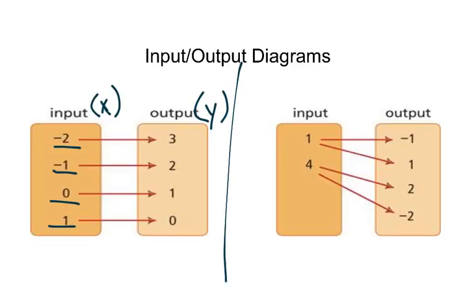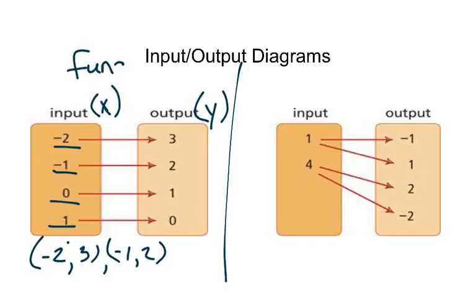If I was going to make those into ordered pairs, it would look like this: (-2, 3), (-1, 2). So you see how that works. This input goes with one output. This is a function.